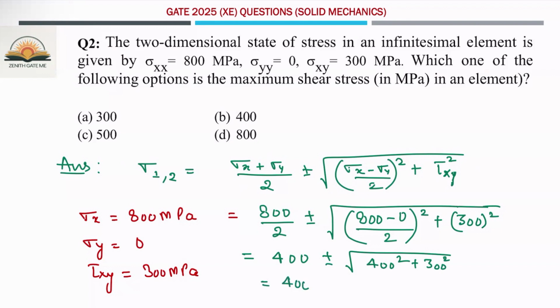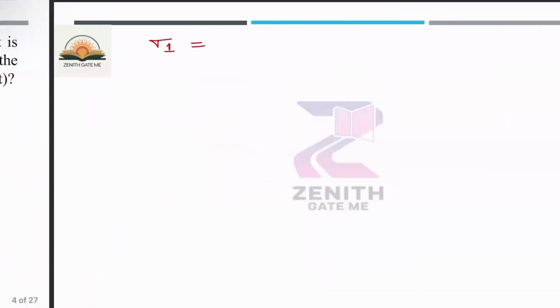So 400 plus minus 500. Now sigma 1 and sigma 2 you can easily calculate. Sigma 1 is nothing but 400 plus 500, which is 900 megapascal. And sigma 2 is 400 minus 500, which is minus 100 megapascal.